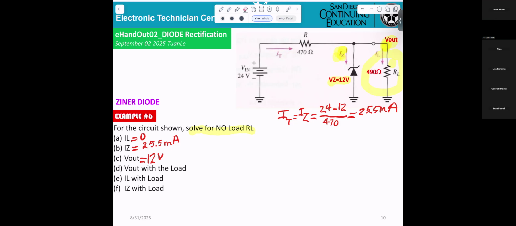In order to know, you need to know what V out is without the Zener.